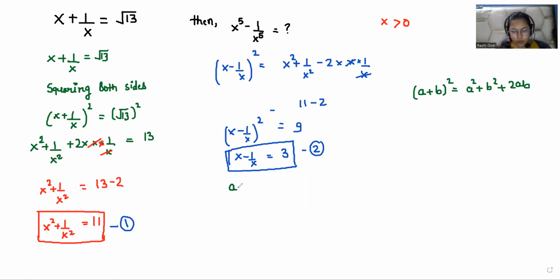Now, we know the identity that a minus b whole cube is a cube minus b cube minus 3ab times a minus b.